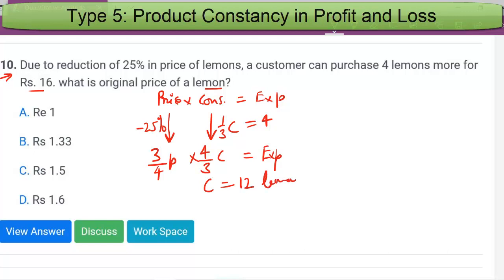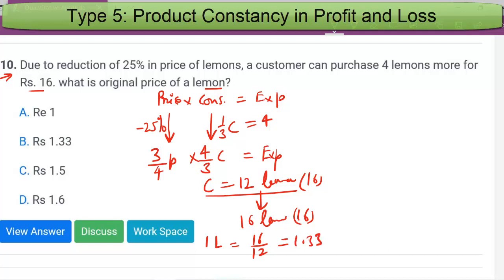So earlier consumption was 12 lemons, and later it became 16 lemons, and the expenditure was the same, 16 rupees earlier also and 16 rupees later also. So you have to calculate the original price of a lemon. Earlier the price was 16 for 12, so for 1 lemon it is 16 by 12, that is 1.33, right? So this is the answer.